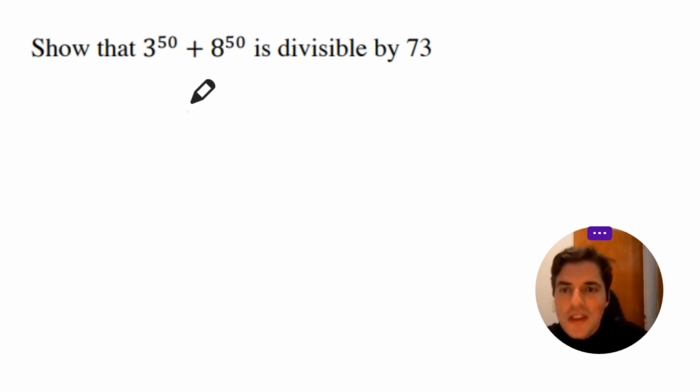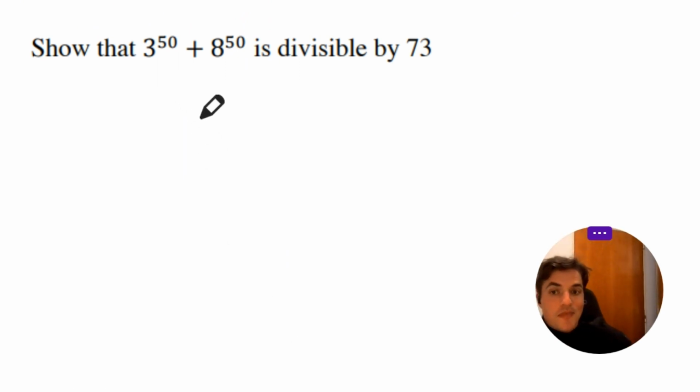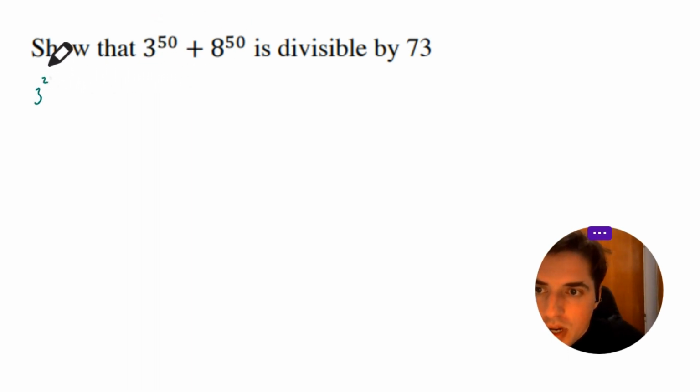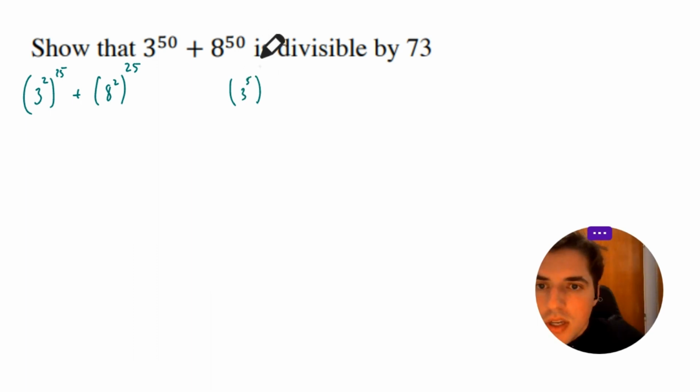Okay, 3 to the 50th plus 8 to the 50th is divisible by 73. So this is a bit different. This is not odd, but we can pretend like it's odd. And when I'm thinking about things that multiply to be 50 that include an odd number, we have the option of doing 3 squared to the 25th plus 8 squared to the 25th, or we could do 3 to the 5th to the 10th.